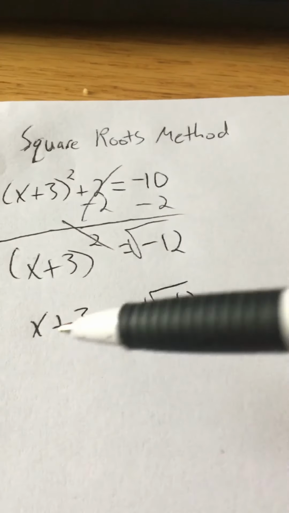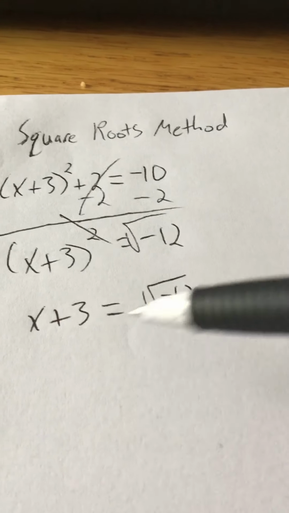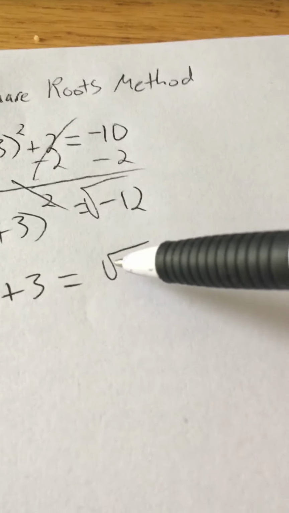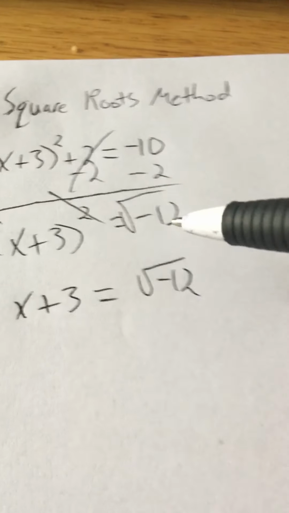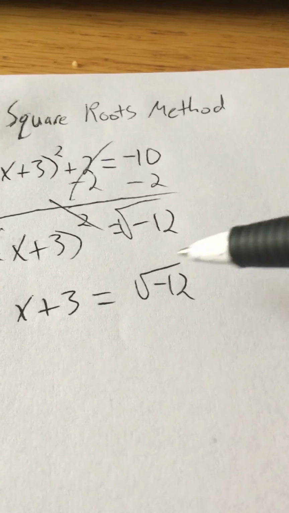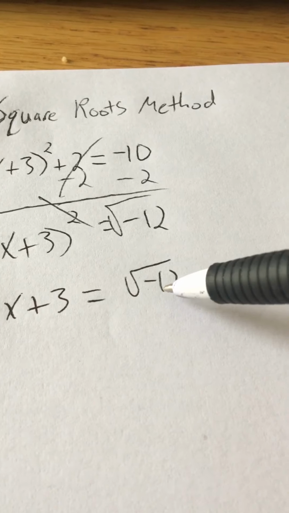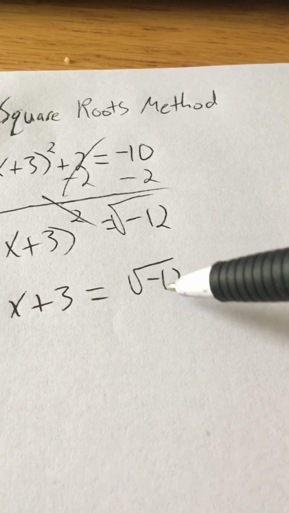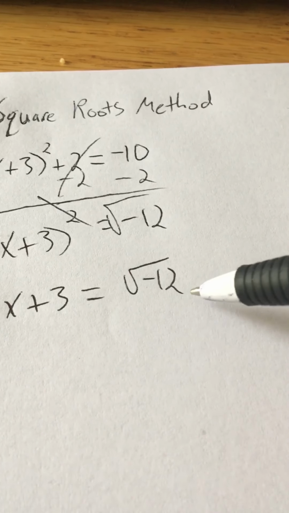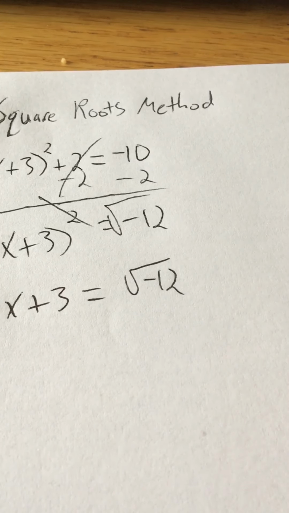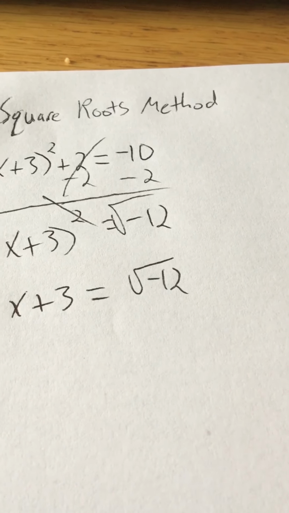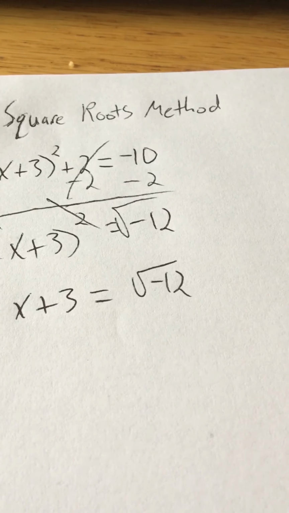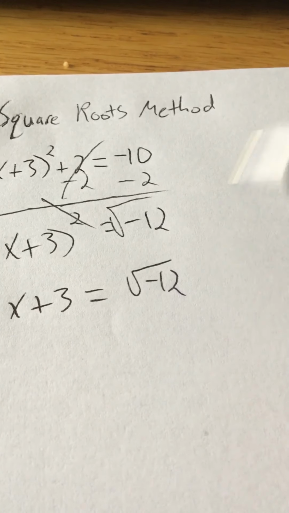If you notice, at this juncture, we kind of have a problem because you technically cannot take the square root of a negative number. When we talked about the discriminant, we said anytime your discriminant's negative, you're always going to have two non-real solutions, or what they call imaginary solutions. You can't really take the square root of a negative number and get real solutions.